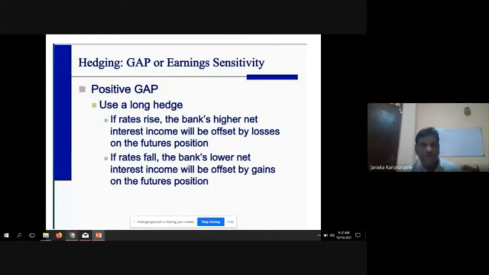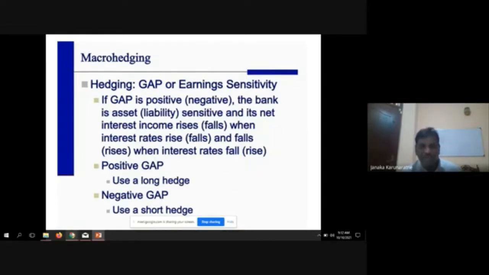Now in a positive gap, the risk is, now if you have a positive gap, what is the risk? Interest rate rise or decline?